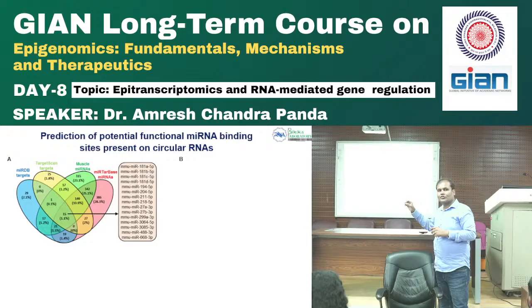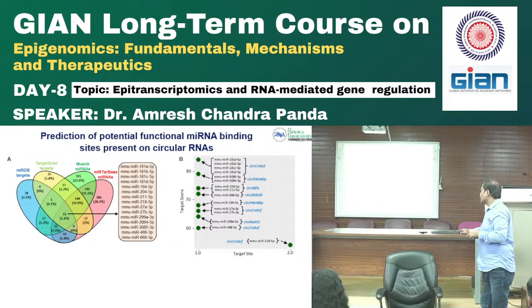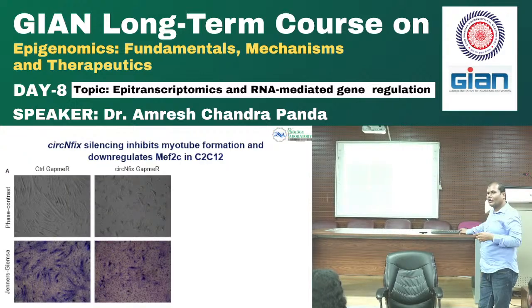So one we found is miR-204 that regulates myogenesis, and the target is MEF2C. So this is myocyte enhancer factor 2C, a transcription factor, which is a direct target of that microRNA. So if we silence the circRNA, what will happen?